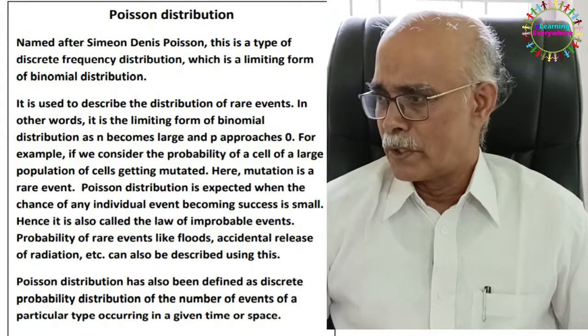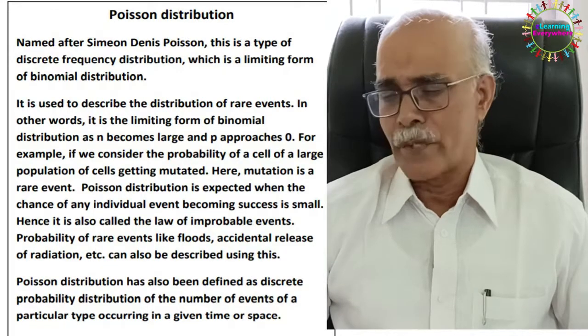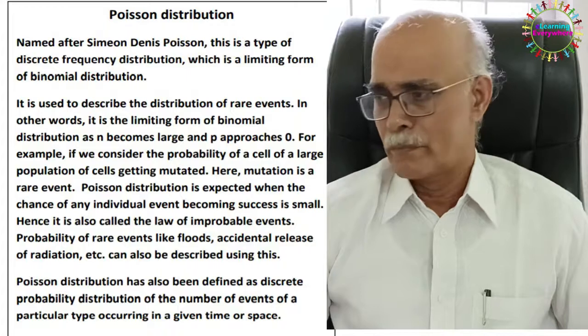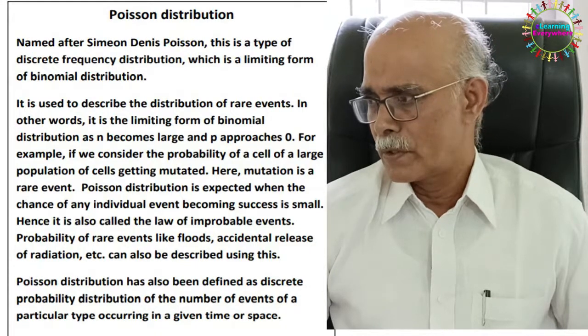Poisson distribution is expected when the chance of any individual event becomes small, and because of that, it is also called the law of improbable events.